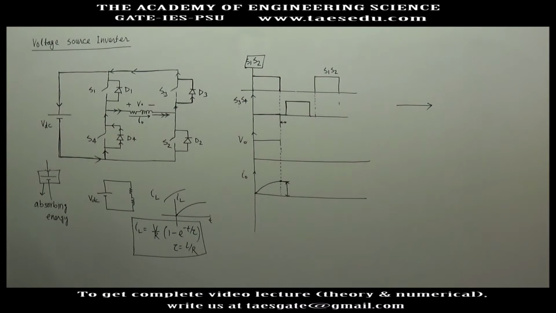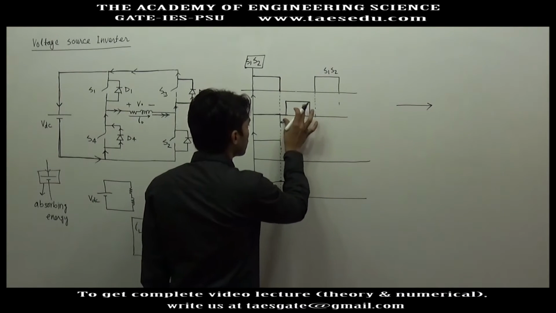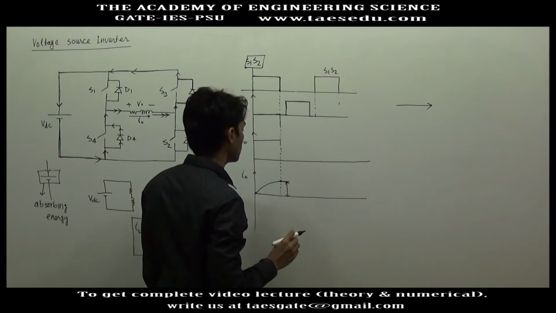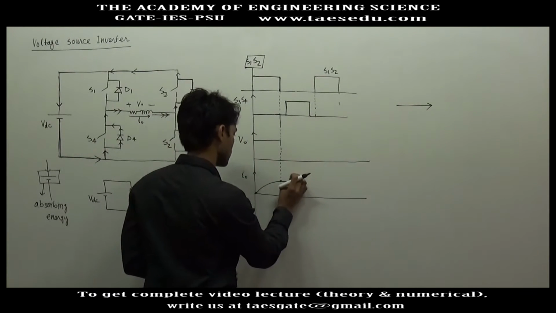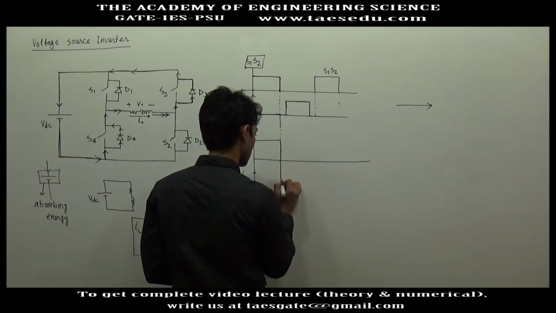So when the negative leg is conducting, the output voltage will be minus VDC. So in this region the output voltage will be minus VDC. Right after this point you will get minus VDC.